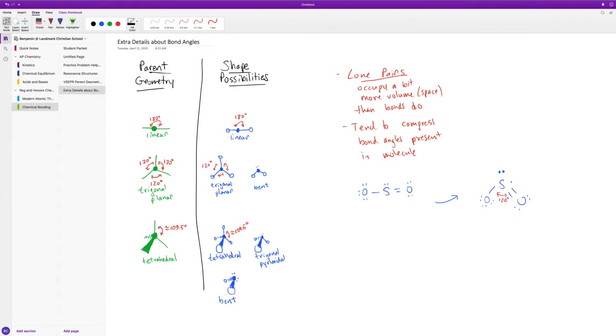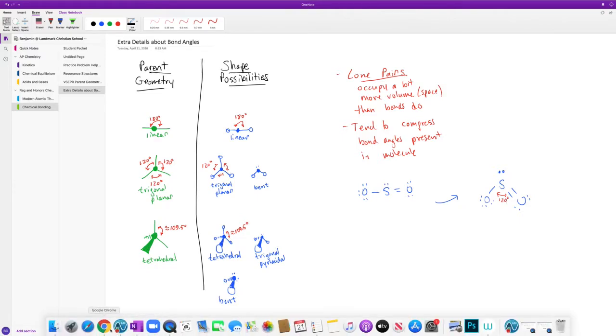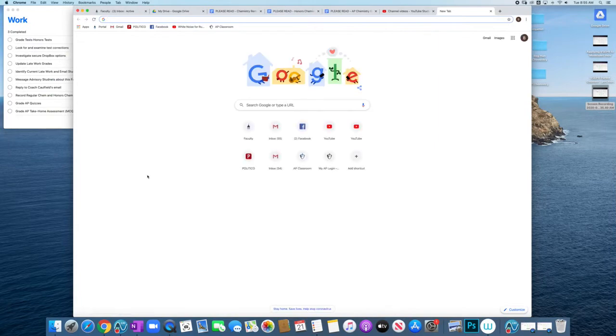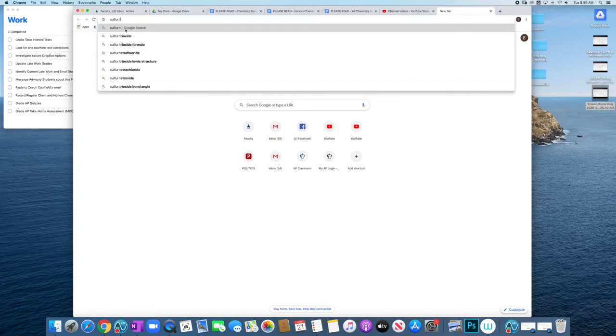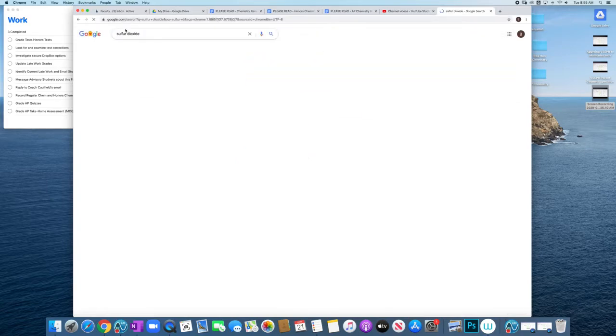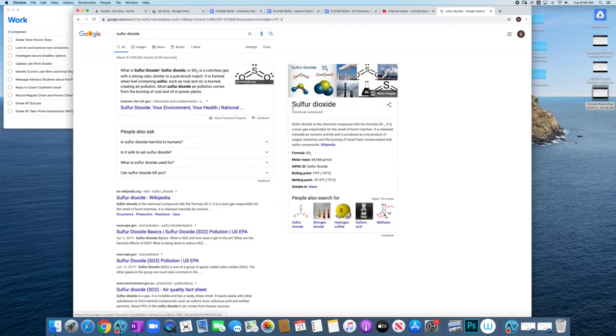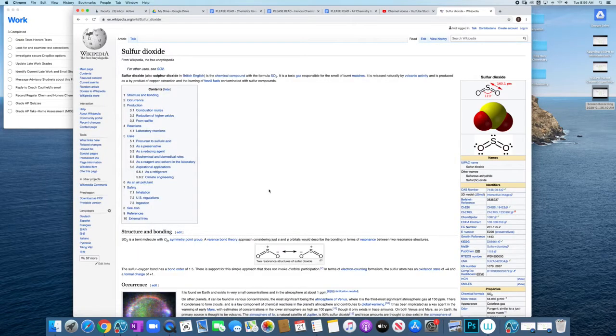Now scientists have actually studied this substance, so let's look it up on Wikipedia. Sulfur dioxide. And here's the Wikipedia entry for sulfur dioxide.